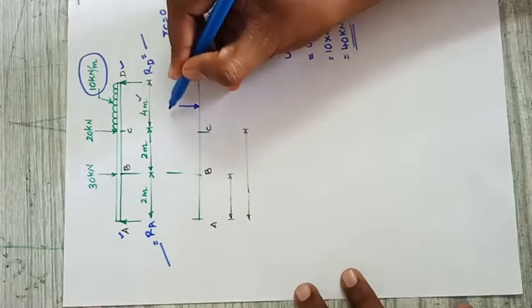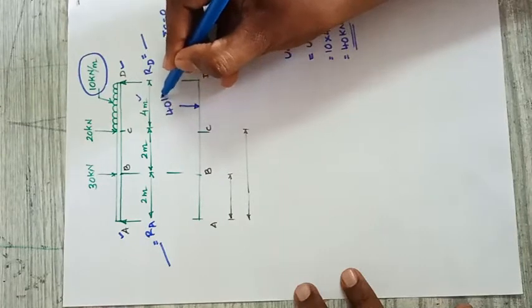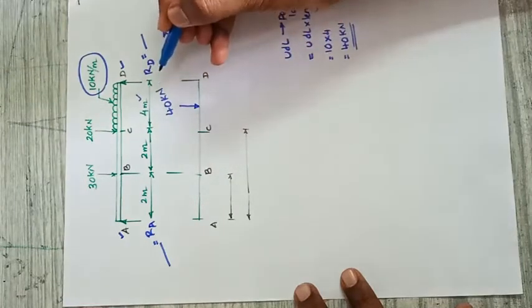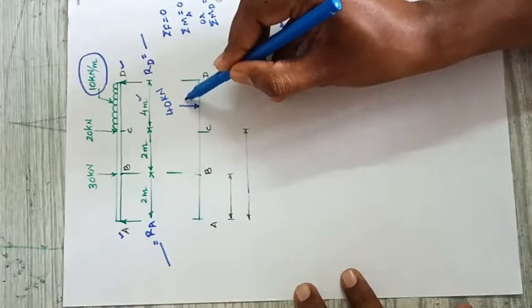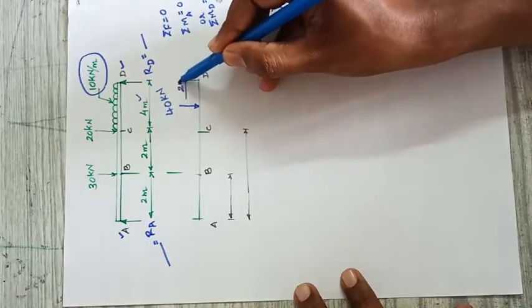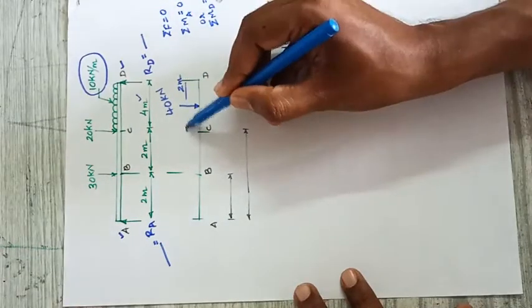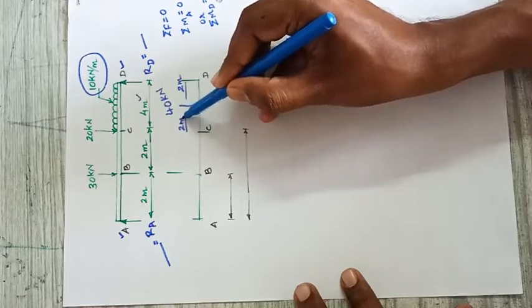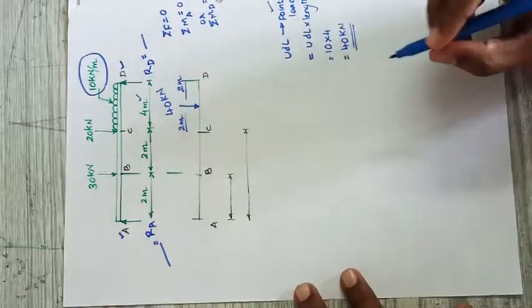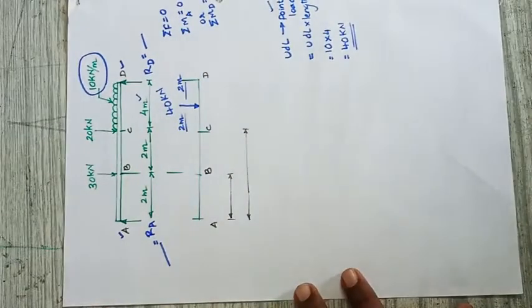I will write here 40 kilonewton, the magnitude of the point load, and from this side it is 2 meter, and from C it is 2 meter, total 4 meter. When you convert the UDL into a point load, multiply the magnitude 10 into the 4, the span, and the point load acts exactly at the middle of the span.